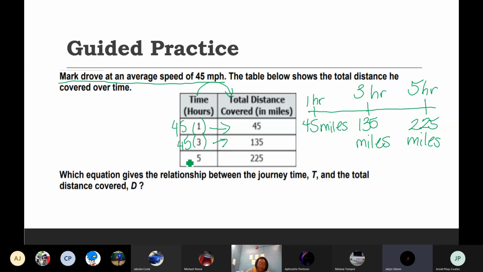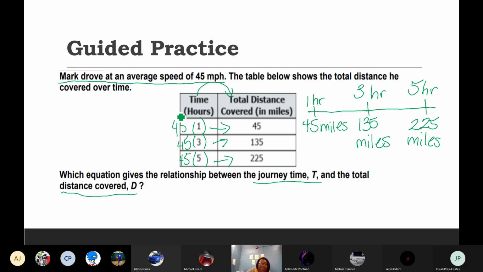Yes, ma'am. So it works for 3 hours. Does it work for 5 hours? Yes, ma'am, it does. So we're using 2 variables here.